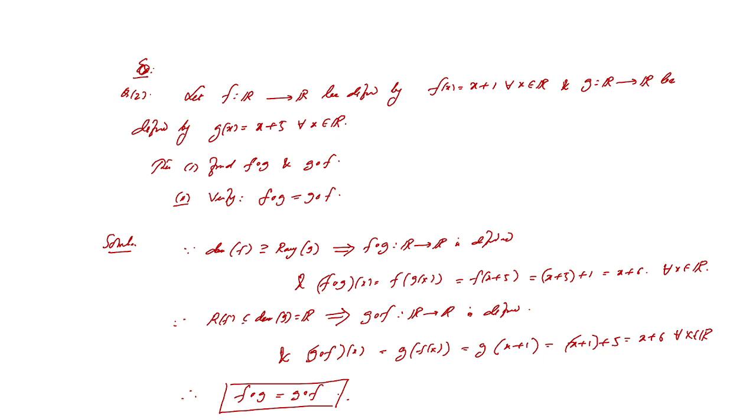Now we come to some important questions, where you need to find out F composed G and G composed F. This question is very, very important for graduation level. So what is the question?